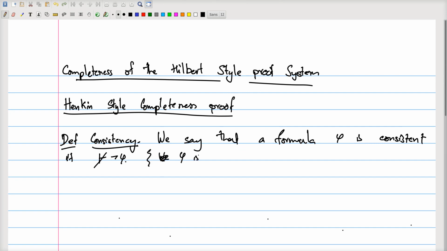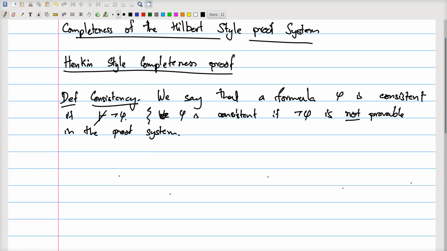Phi is consistent if not phi is not provable in the proof system. The proof system in question, which in this case is the Hilbert style proof system.